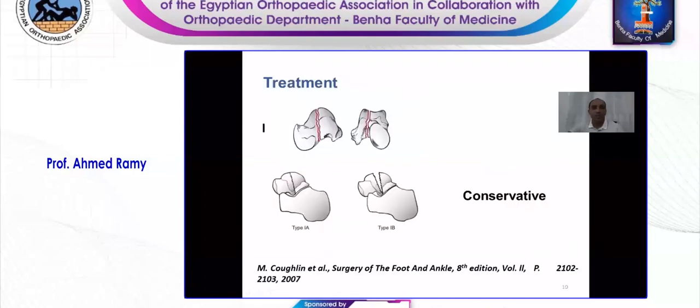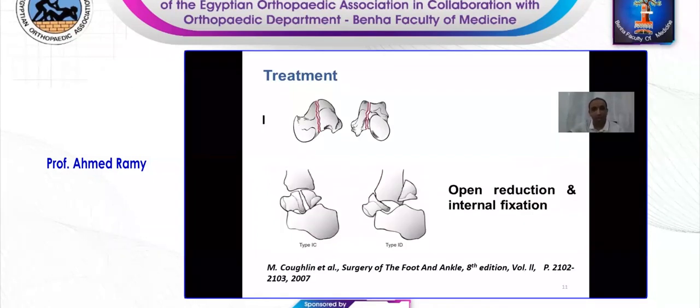When we revise the treatment algorithm in Coltori, we can see here that type 1A and type 1B are treated conservatively with a below-knee cast immobilization for 6 to 8 weeks, while type 1C and type 1D are treated with open reduction internal fixation.